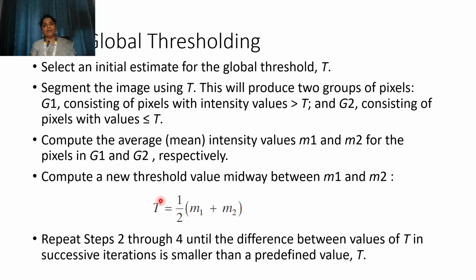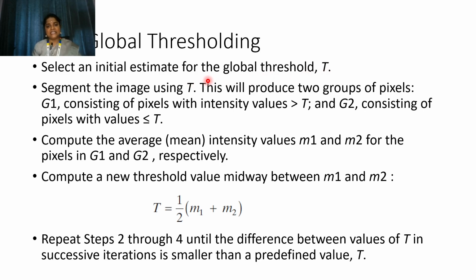Now initially, we are going to look at a simple thresholding based segmentation algorithm. This is titled basic global thresholding. What we are going to do in this algorithm is select an initial estimate for the global threshold T. This thresholding is going to be global thresholding. What does it mean? We are going to use a single threshold value for the entire image.